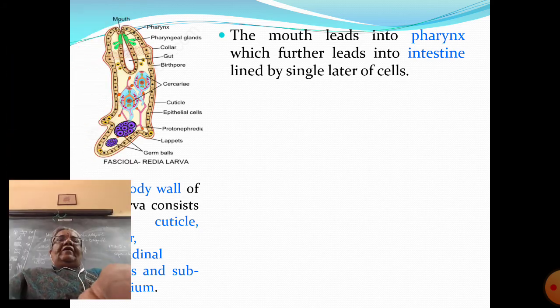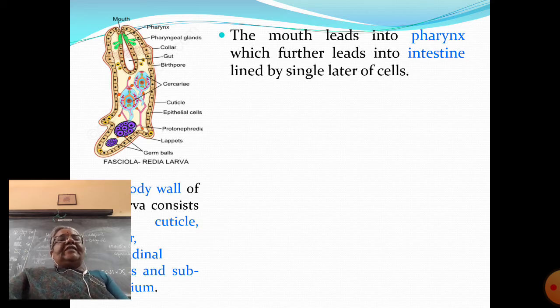Then you can see from the diagram, the mouth leads into the pharynx, which further leads to the intestine, and the intestine is lined by a single layer of cells. Sorry for the typographical error. It is not letter, it is layer.